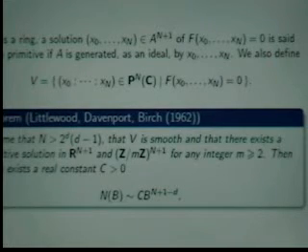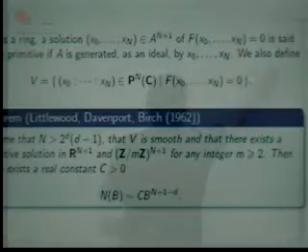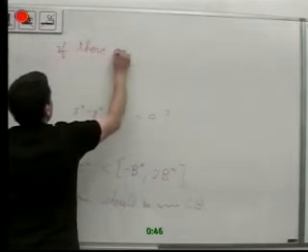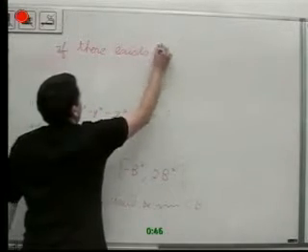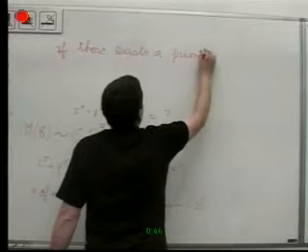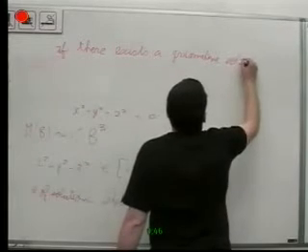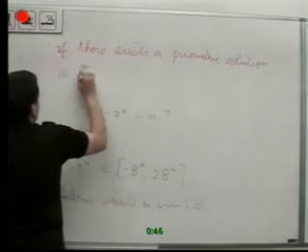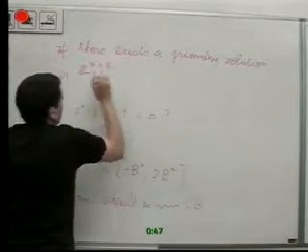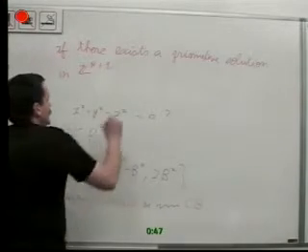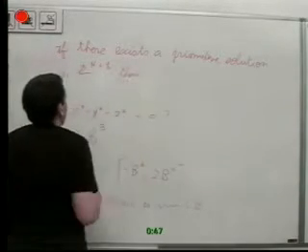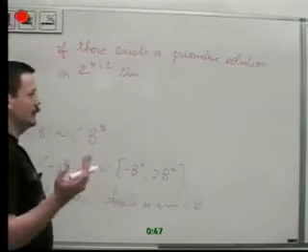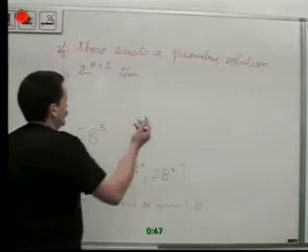So the point is that if there exists a primitive solution in Z to the power n plus 1, then, well, obviously, it gives a solution in R to the power n plus 1, which is non-zero.